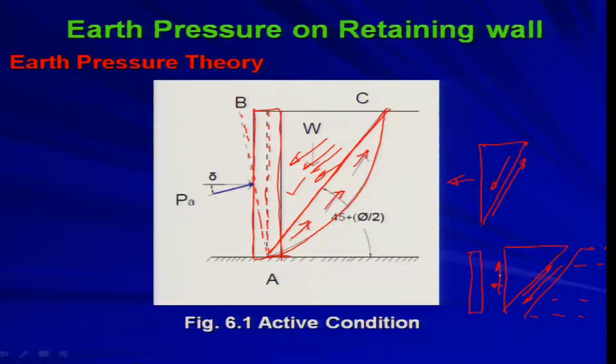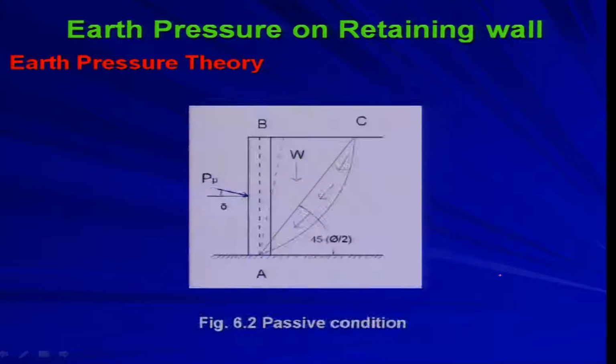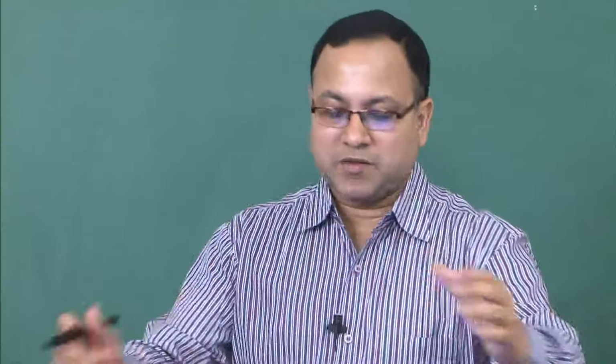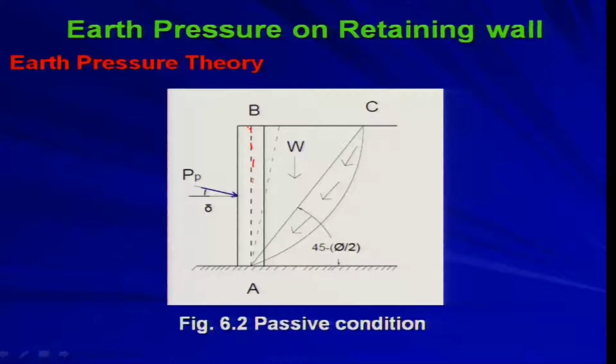This is the free body diagram, or the mechanism, which happens during the active earth pressure condition. Similarly, in the case of passive, the wall is moving towards the backfill. This is the wall center line.